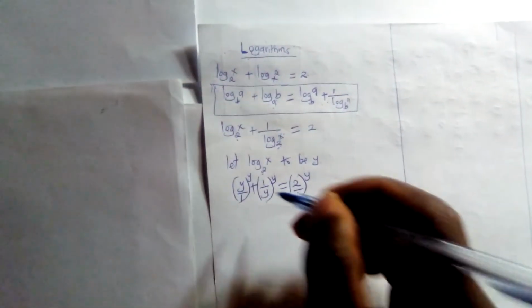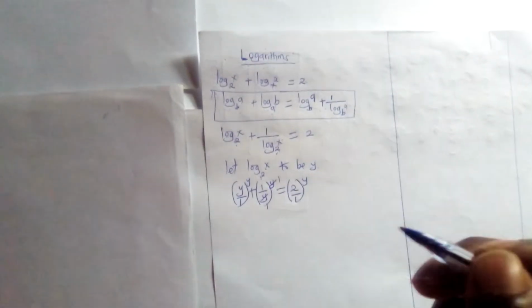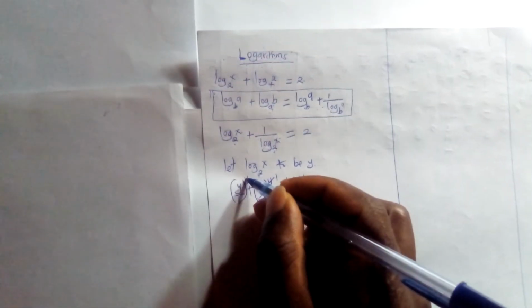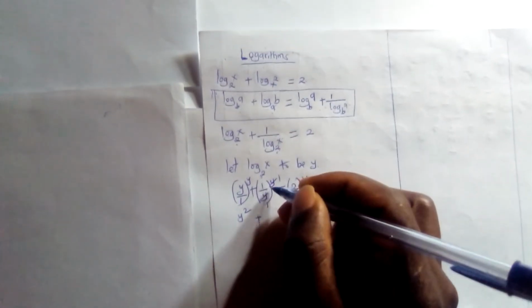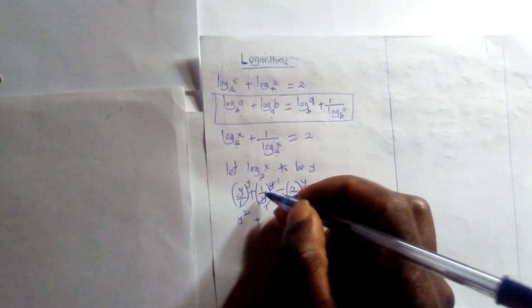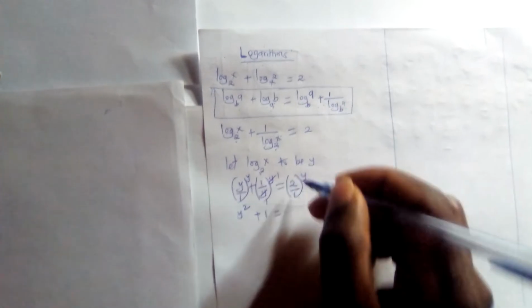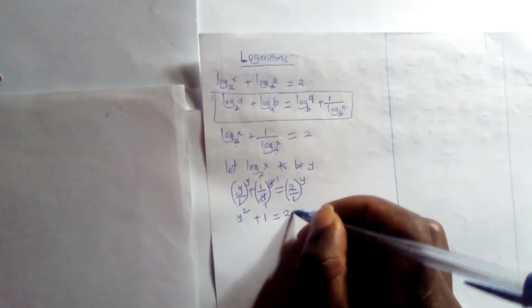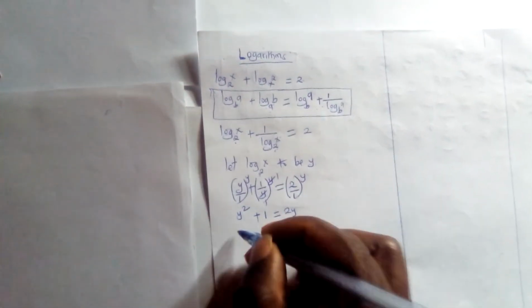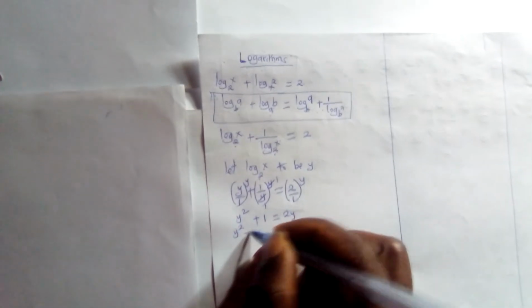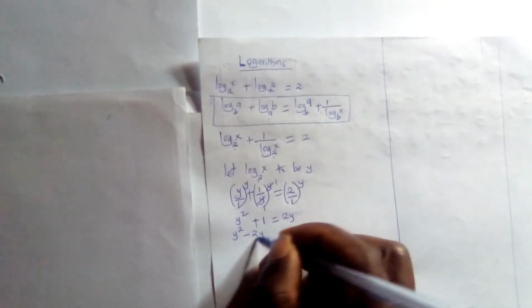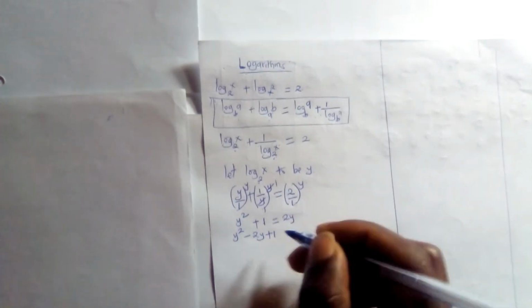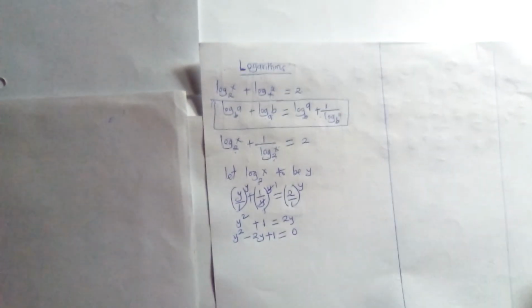So that this y will go with this to remain with y by y, that is y squared here. Then plus y had gone, so I remain with 1, equals y times 2, that is 2y here. So to rearrange this, I'll be having y squared, because positive 2y, if it crosses the equal sign, it will be minus 2y, then plus 1, because it had not crossed, equals 0.